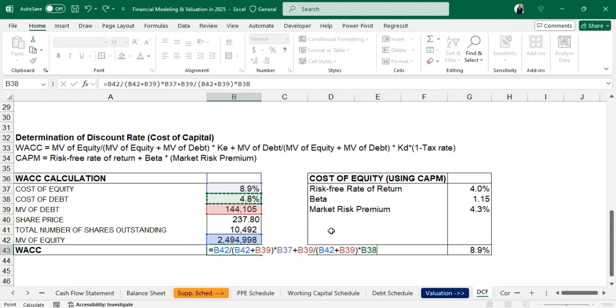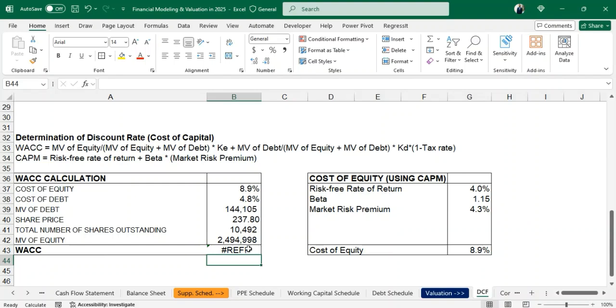Remember, there is a tax shield whenever you go for any debt. That is why we are taking the after tax cost of debt. Okay, so I'm going to have a bracket open here, 1 minus our tax rate, which is 0.22. I'll close my parentheses and hit enter.